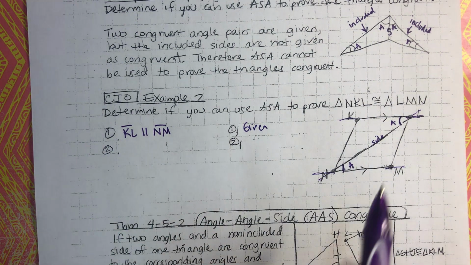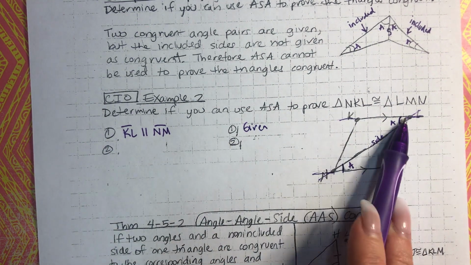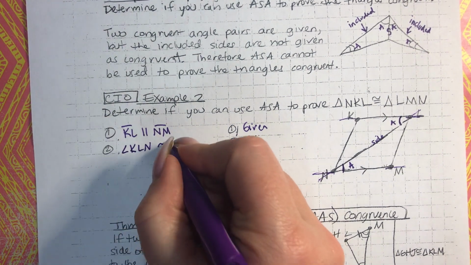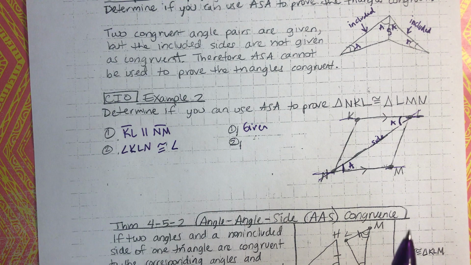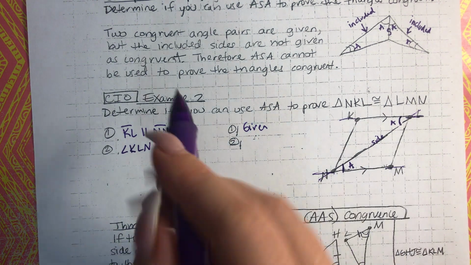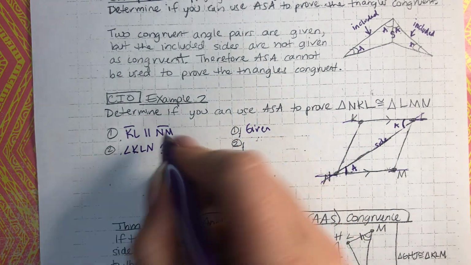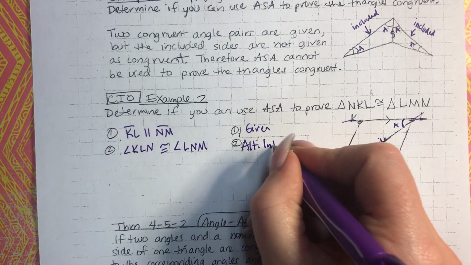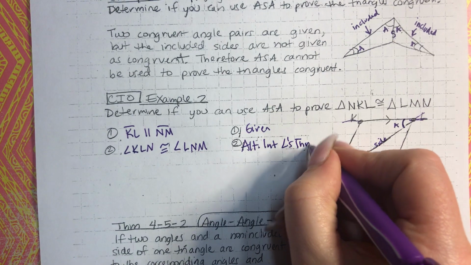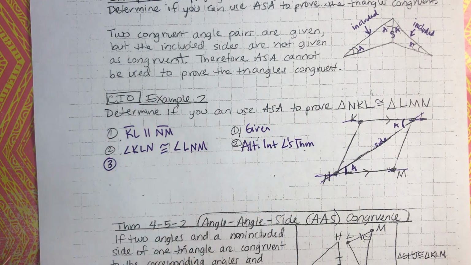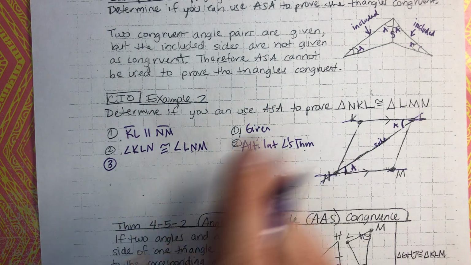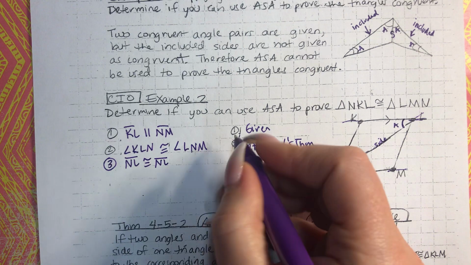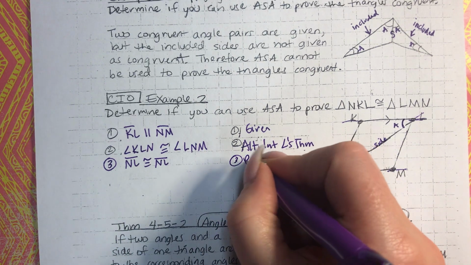Because of that, we know that these two angles are congruent: angle KLN is congruent to angle LNM because of the alternate interior angles theorem. We also know that this side, NL, is congruent to itself by the reflexive property of congruence.